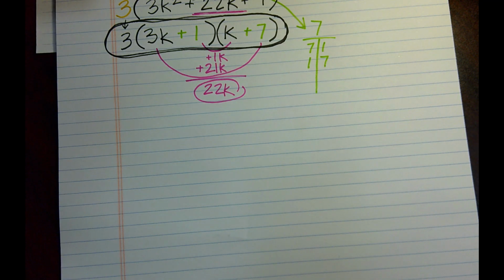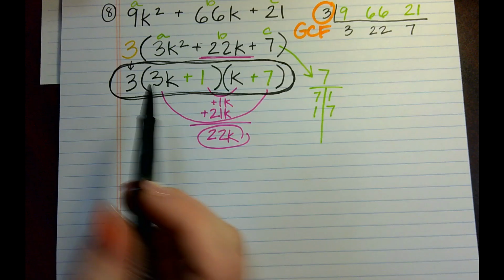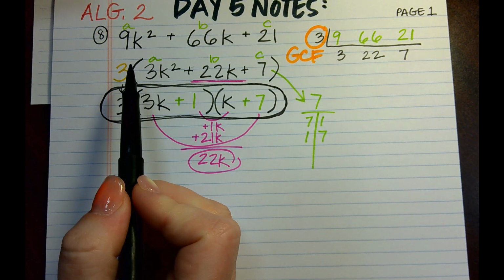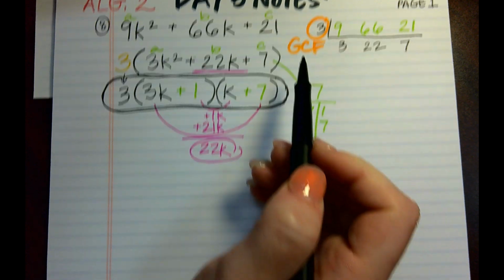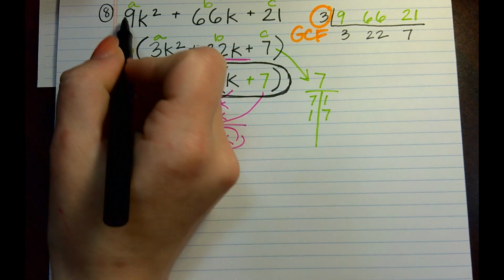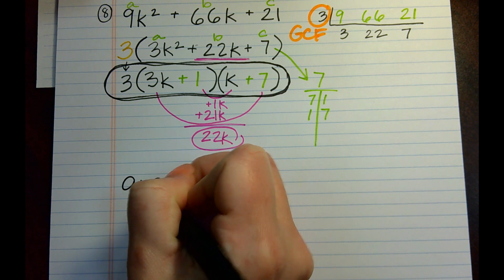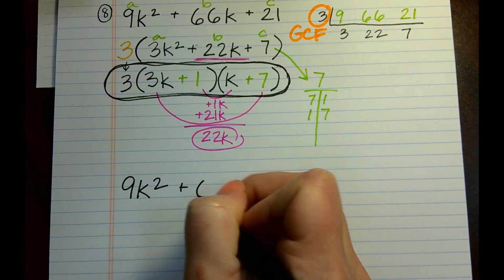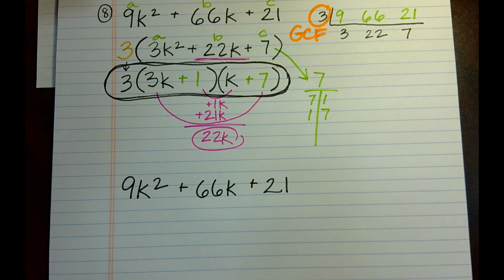I'm going to write here, I'll let you keep this, Cheyenne, and I'm going to write out your work a little bit. So, what you might have done is maybe you didn't take a greatest common factor out first. I'm going to rewrite the problem and show the thought process. 9K squared plus 66K plus 21.